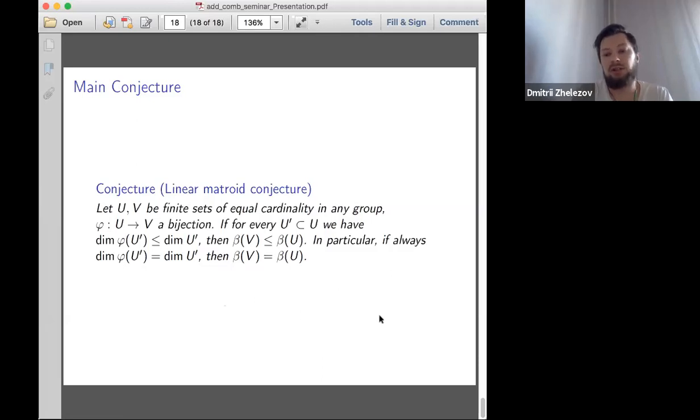This would mean that this actually looks like a quasi-cube, just because this is exactly how a quasi-cube looks like. So you cannot have too many elements in a subspace of small dimension.